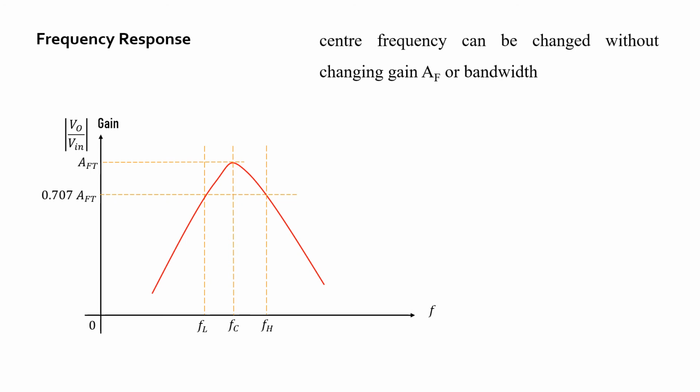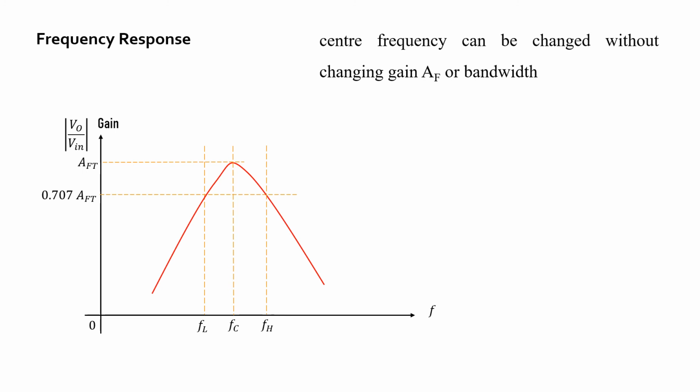All the parameters, that is the resistance values, depend upon the center frequency Fc, and this center frequency is mainly dependent upon the quality factor Q of the circuit. Since we are dealing with the narrow band pass filter, the value of Q is very large and the center frequency is directly proportional to the quality factor.